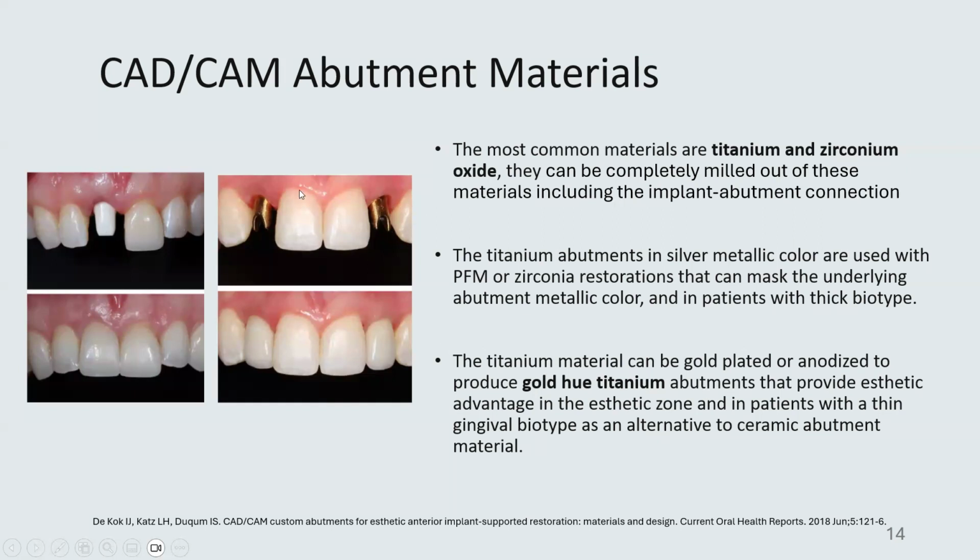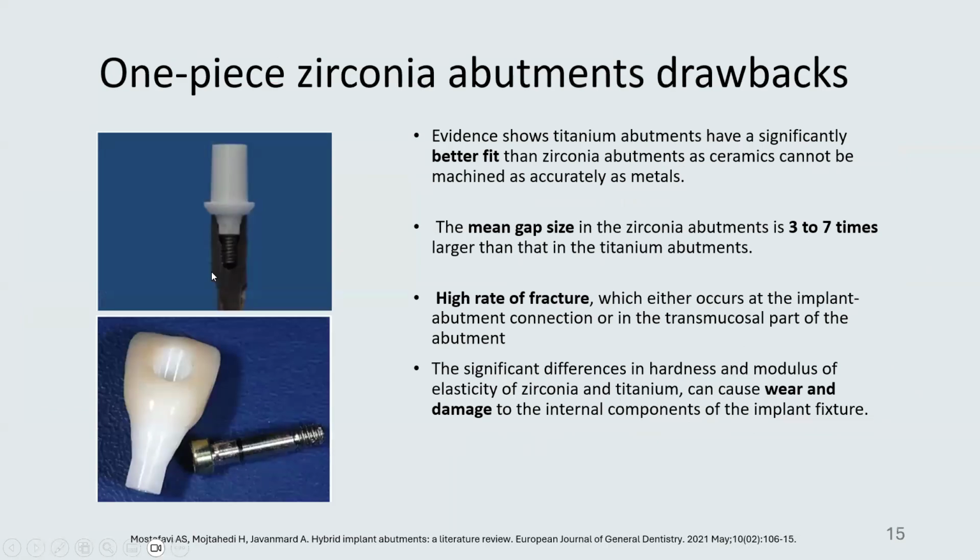Or we can have the zirconia abutments, but zirconia abutments are associated with several drawbacks and shortcomings. It has been proven that zirconia abutments have significantly worse fit than titanium abutments because metals can be accurately milled, in contrast to zirconia.